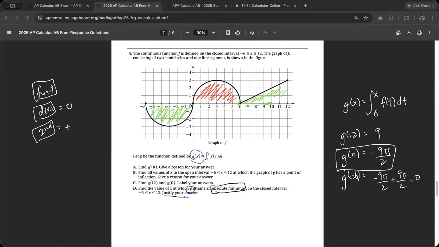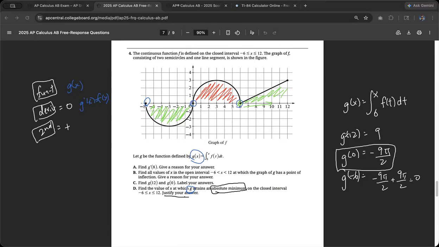So g attains an absolute minimum. That means g of x is up here. We want the first derivative to equal 0, right? So this is our graph of f, our first derivative. g prime of x is equal to f of x. So that means our zeros are the points we're going to test. Okay.